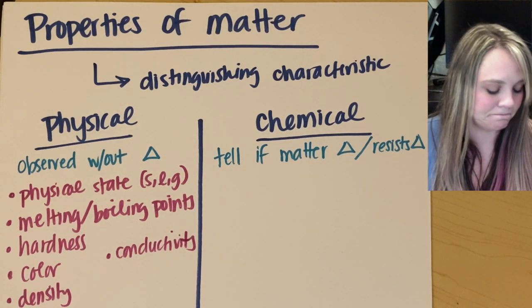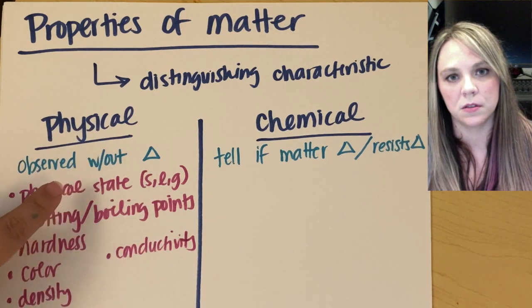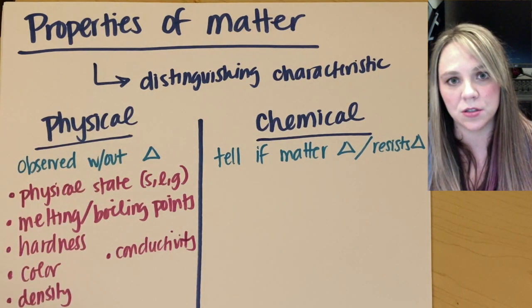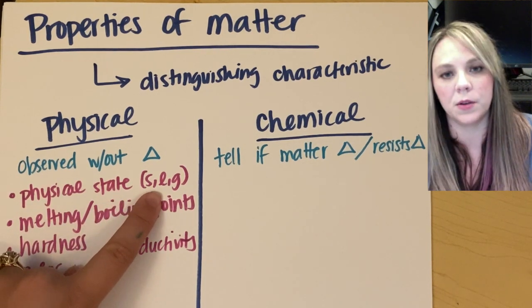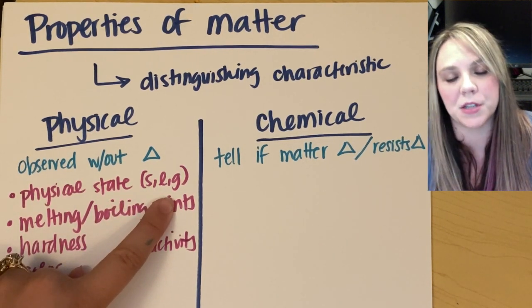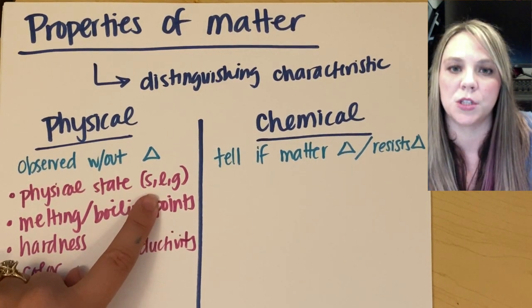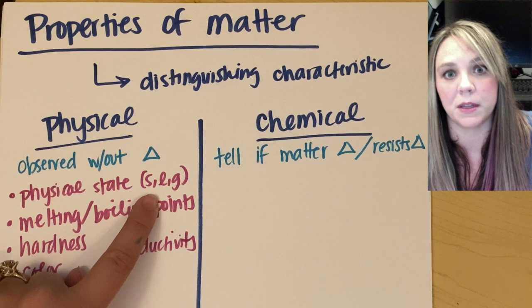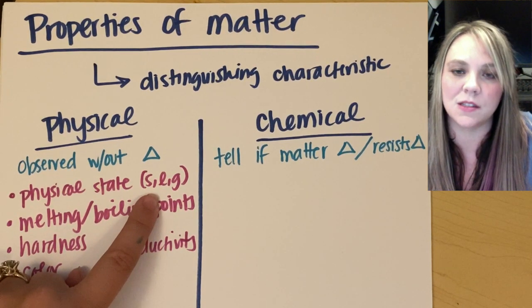Just a note about physical properties is that they can change. Your physical state can change between a solid and a liquid or a liquid to a gas. Again, imagine an ice cube melting. The physical state of that ice cube could change from a solid to a liquid if it melted, but the actual matter of that ice cube is still water.